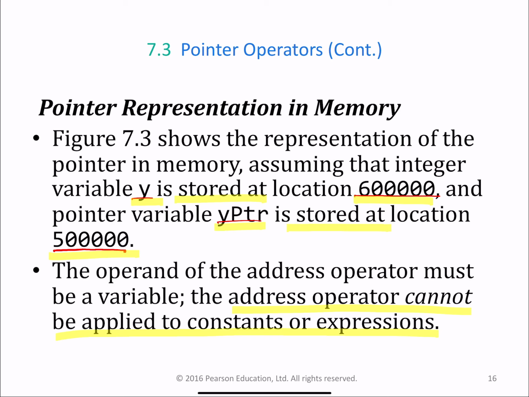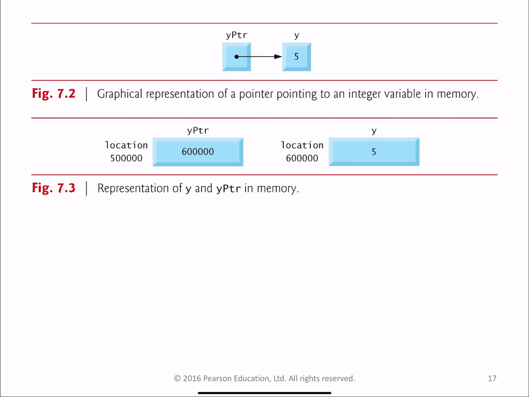So what these three statements will do is basically this. Integer y was created over here and initialized to the value 5. Simple enough. We then declared y pointer, and in the third statement we stored the address of y in y pointer. And if you want to add the addresses to this example, it'll look something like this.